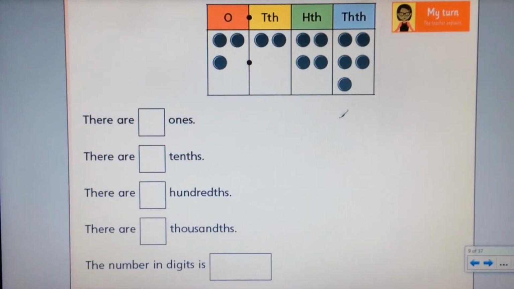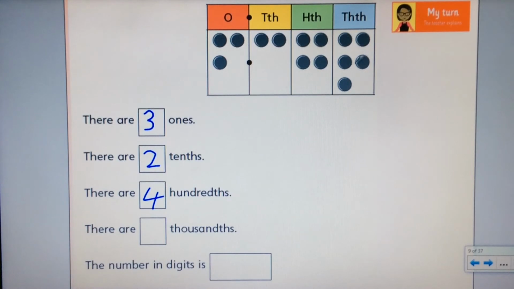So here we've got a number in a place value chart. We can see the ones, the decimal point, the tenths, the hundredths and the thousandths columns. Each number is represented by counters here. So we can see that there are 1, 2, 3 ones in this number. There are 1, 2 tenths. There are 1, 2, 3, 4 hundredths.